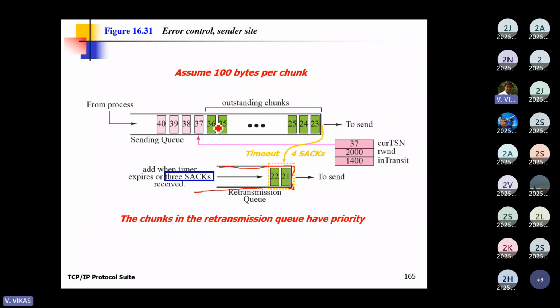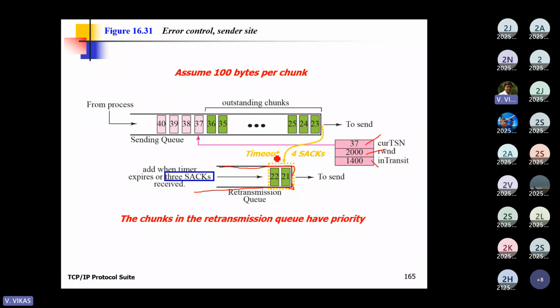And we are waiting for transmission of 37. And if you see receiver window size, previously it was telling 2000 and in transit I have 1400 bytes.